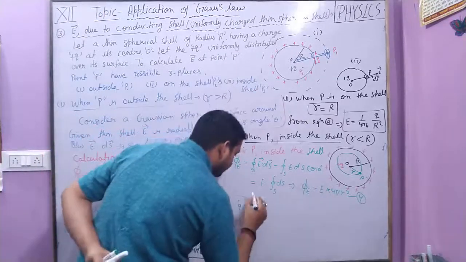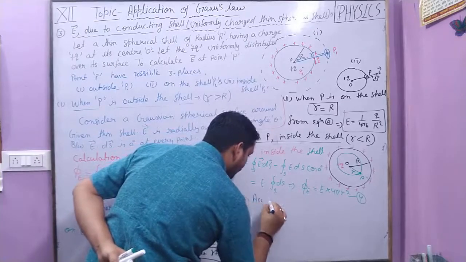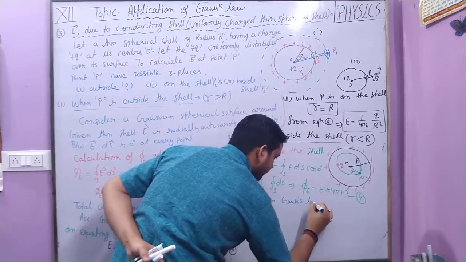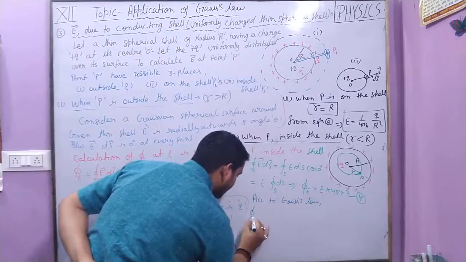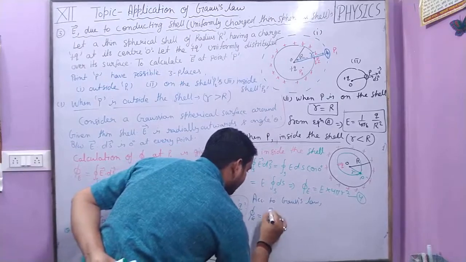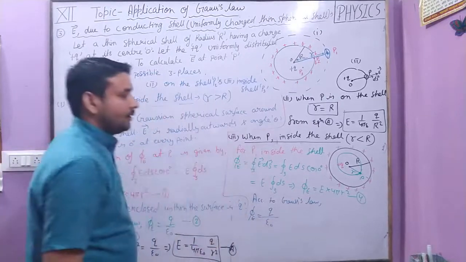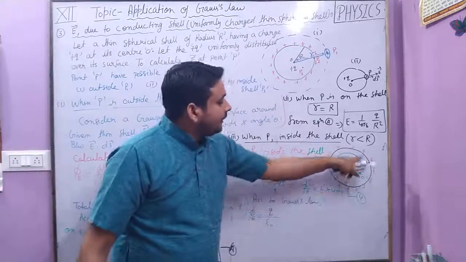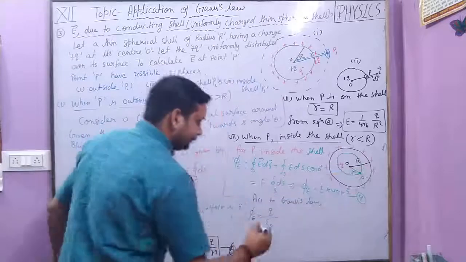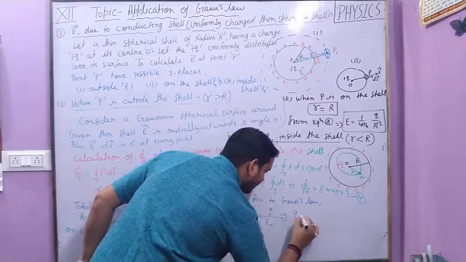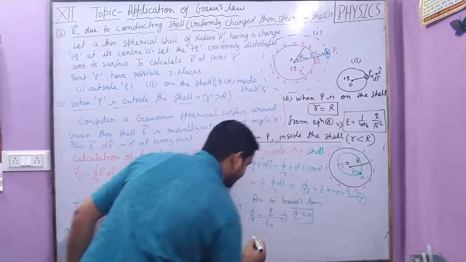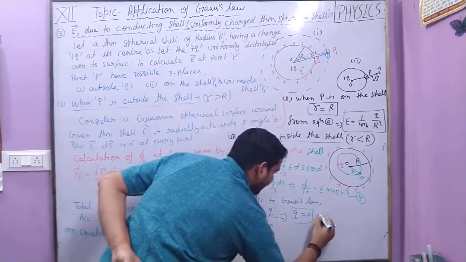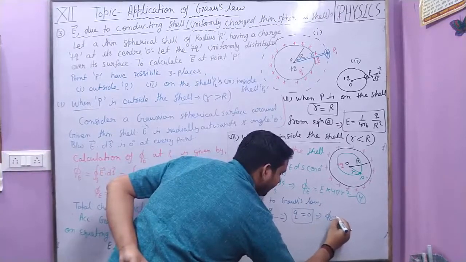Okay, now according to Gauss's law, this phi is equal to q upon epsilon naught, and because the charge is over the surface, there is no charge inside the cell, therefore this q is equal to 0. That means according to Gauss theorem, this phi E is equal to 0.